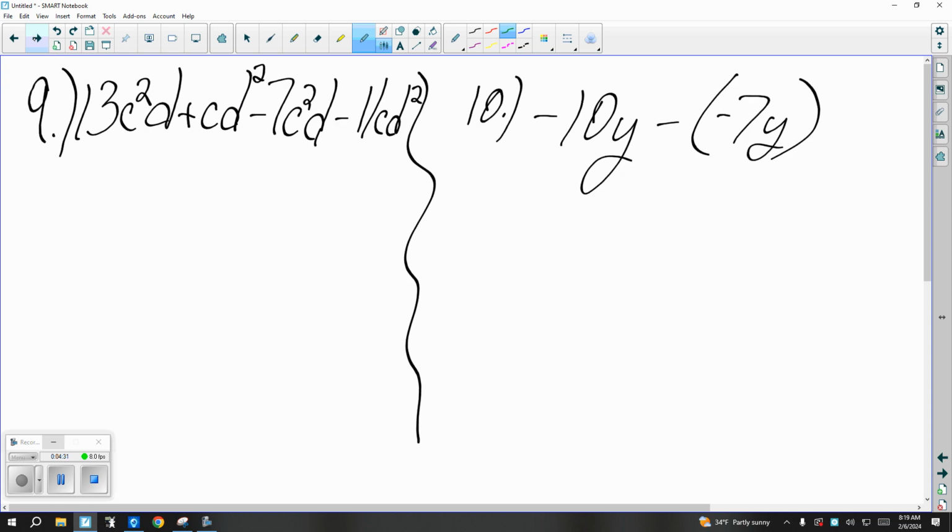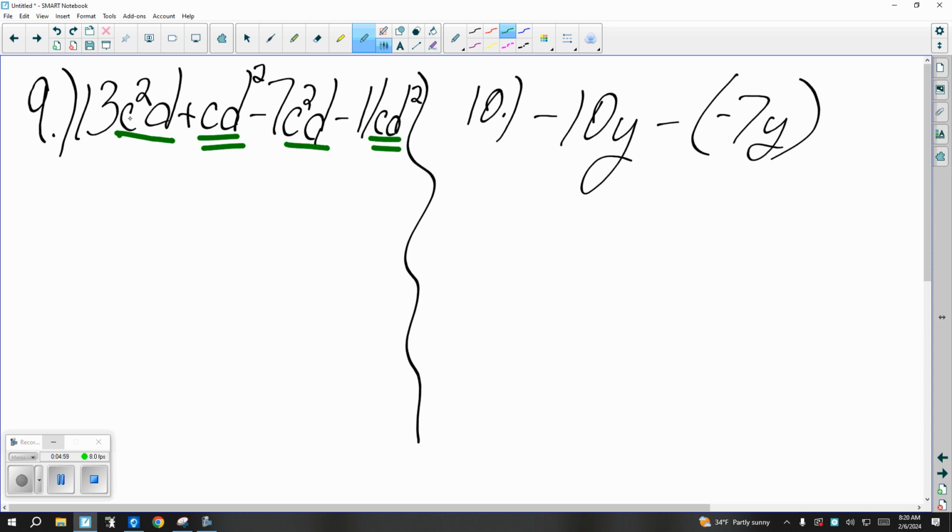Number 9. Oh, now I'm going to do this. Watch what I do now. This matches that, and this matches that. Do you get that? Okay, that's pretty cool. I know, yesterday I used a highlighter, but you guys were like, we don't have highlighters. Okay, you can do that too, what I just did there.